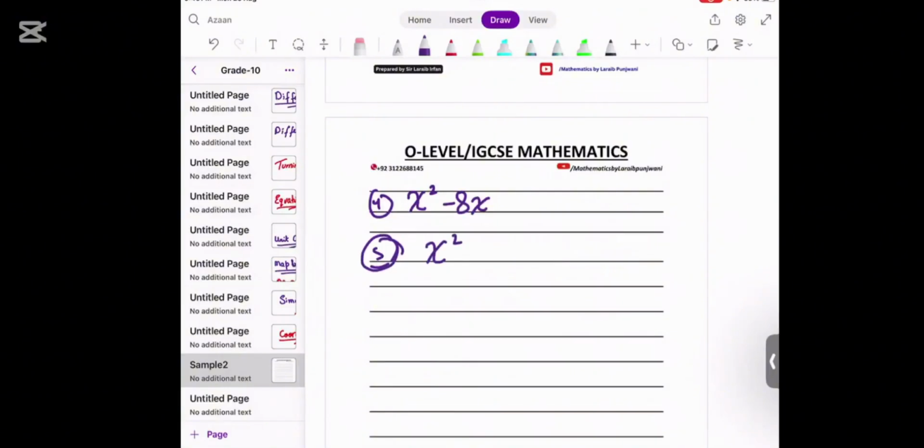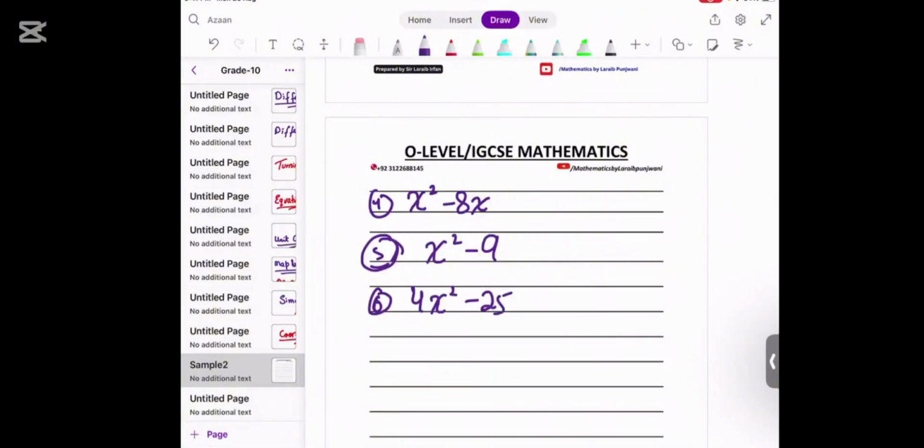x square minus 9. x minus 3 and x plus 3. Very good. Now try one more: 4x square minus 25.